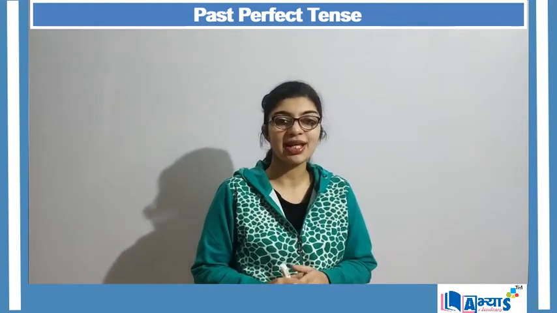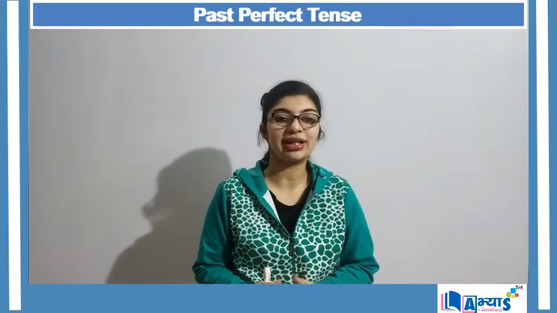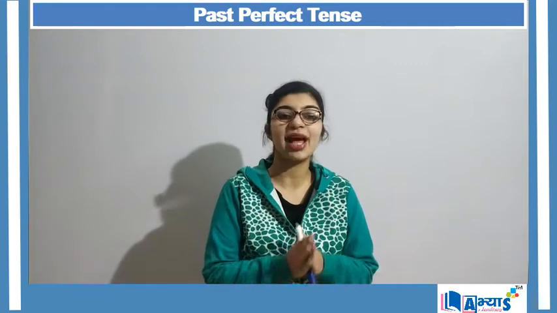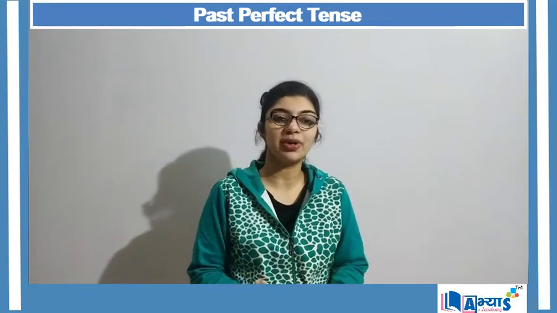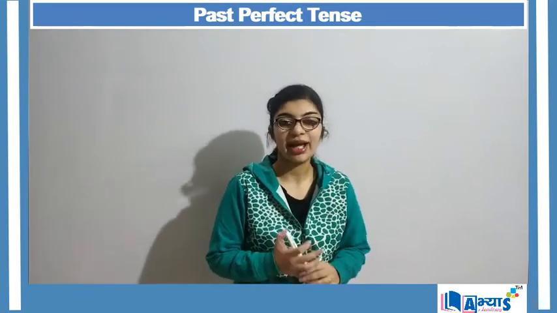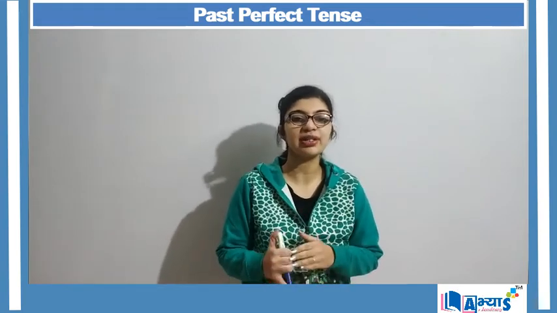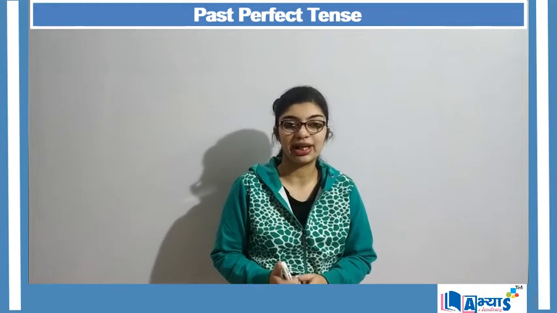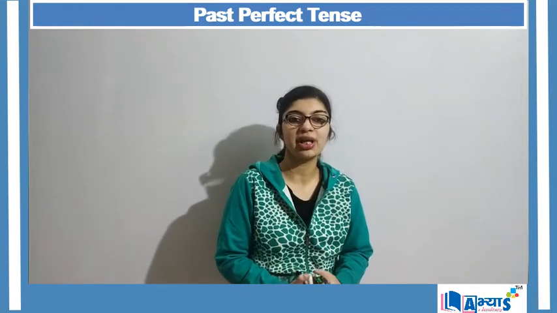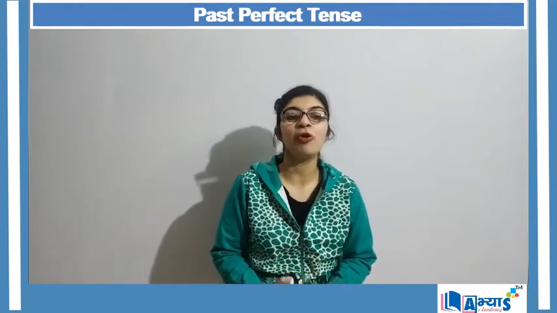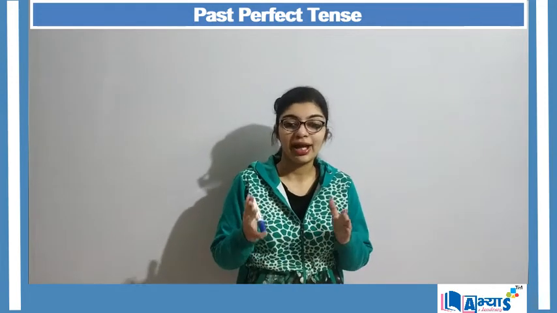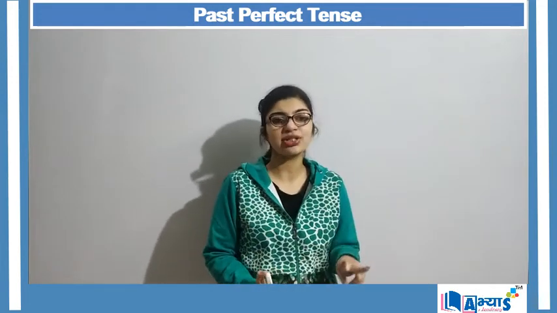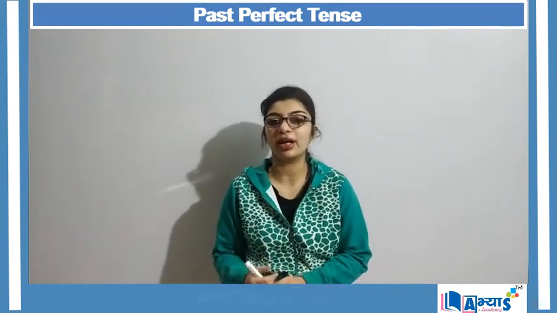Now past tense, as I said, is used to indicate that an event has happened or has taken place in the past, and therefore past perfect tense is that type of tense which is used to indicate that one action has taken place before another action in the past. Both the actions have taken place in the past, but one action has taken place before the other action.